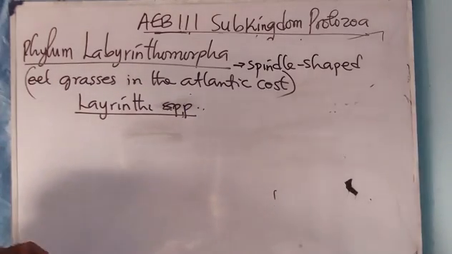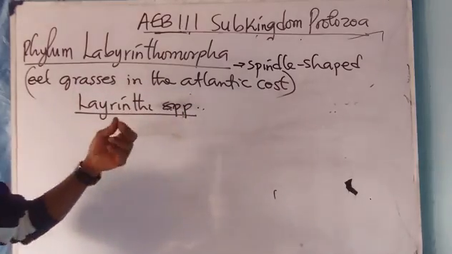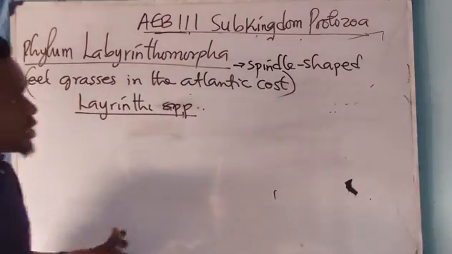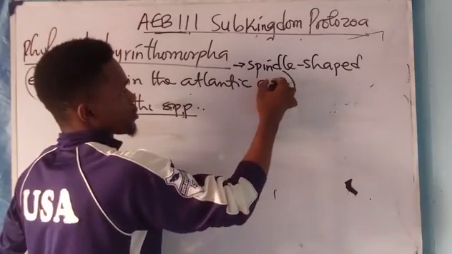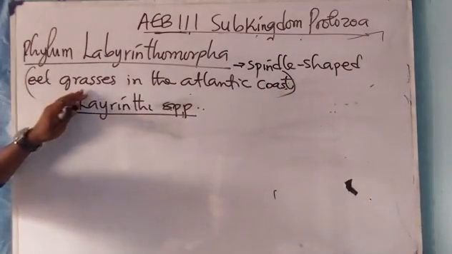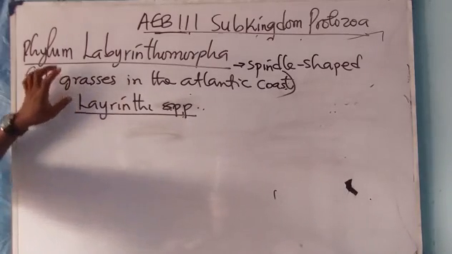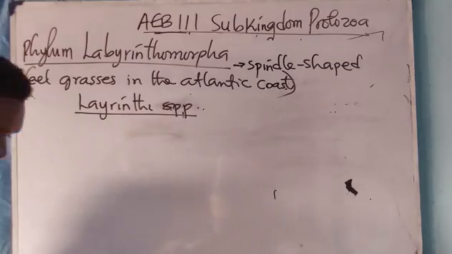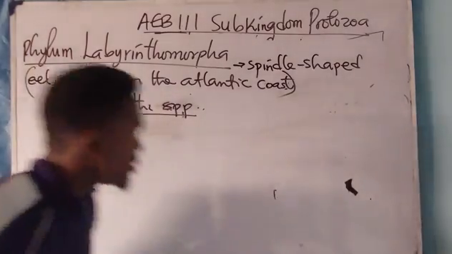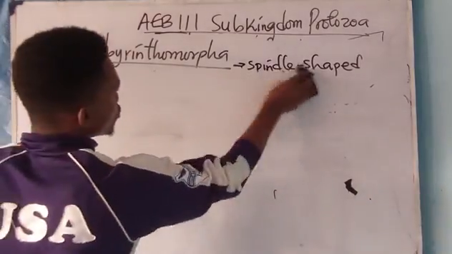It's responsible for the death of eelgrasses in the Atlantic coast. I said coast, sorry. And it makes ducks starve, because the grasses they feed on have been destroyed by these organisms.